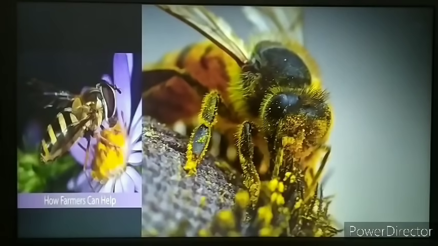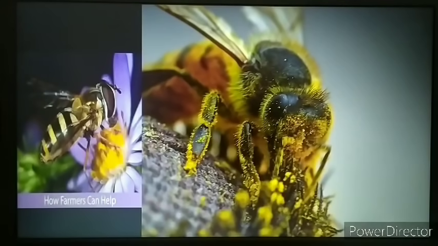It's clearly visible in the second part of the picture that the yellow pollen grains are stuck to its legs. So pollinators are pollen helpers or agents which help move the pollen grains to the pistil, so the flower can make the seeds.